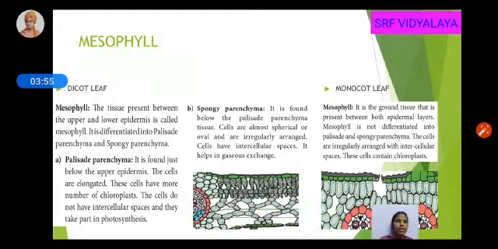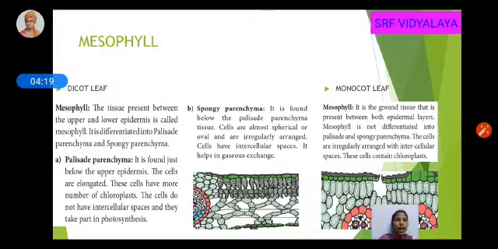So first one is Palisade Parenchyma. The mesophyll is made up of parenchymatous cells. Palisade Parenchyma is found below the upper epidermis, whereas Spongy Parenchyma is seen at the region of the lower epidermis.